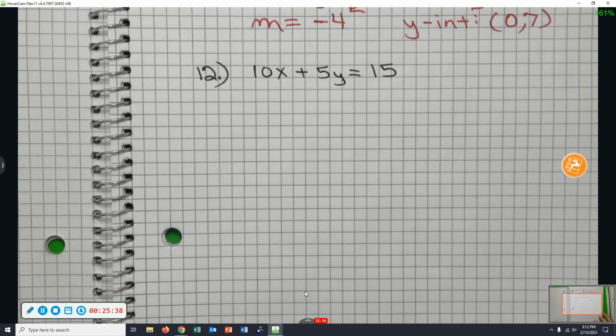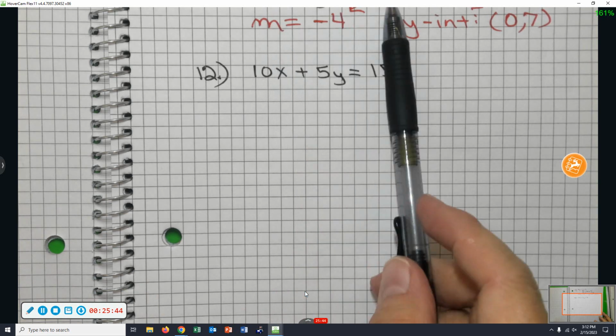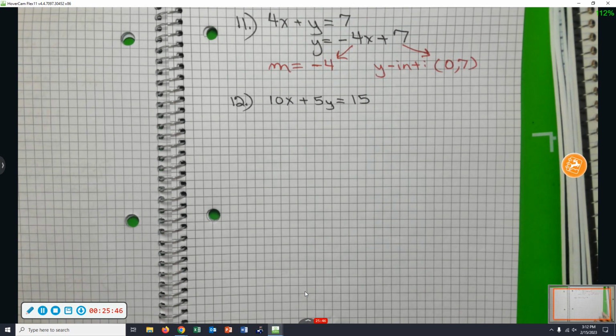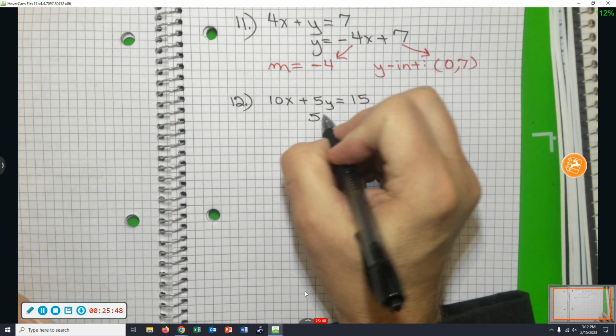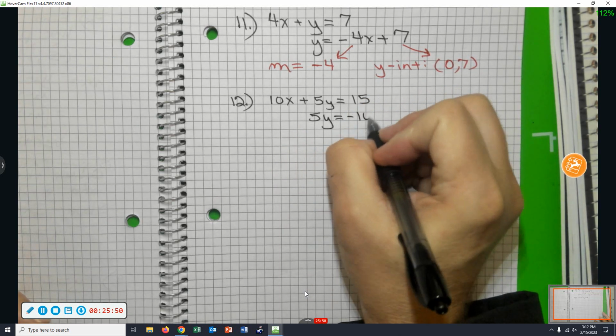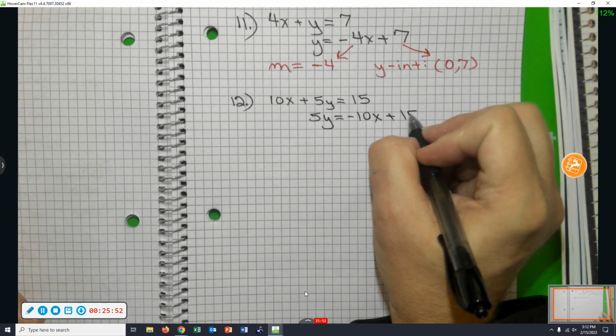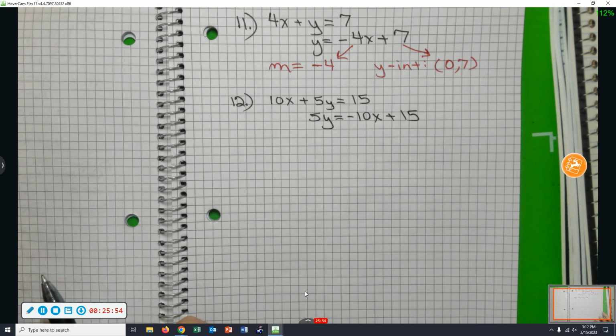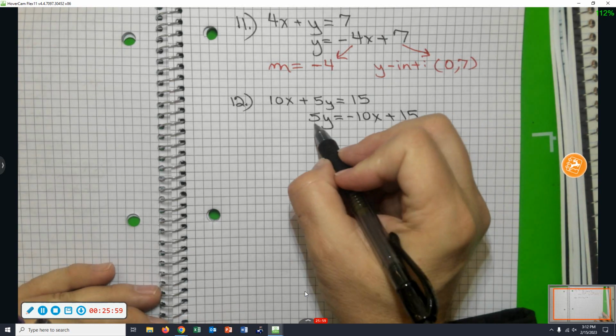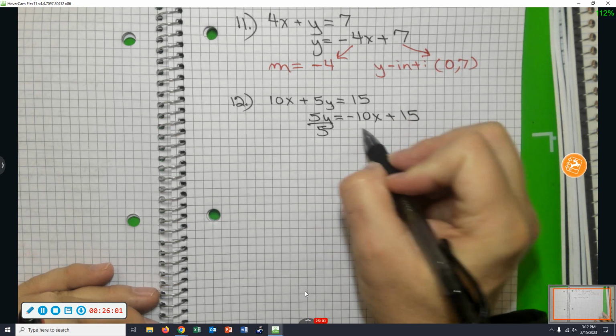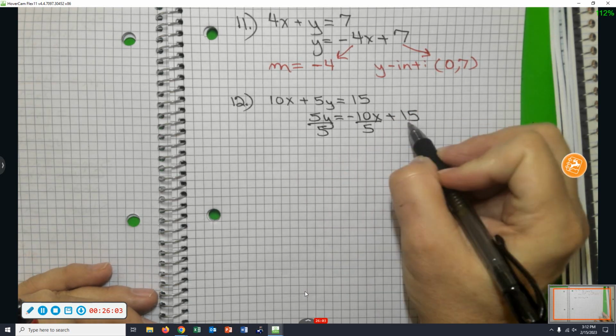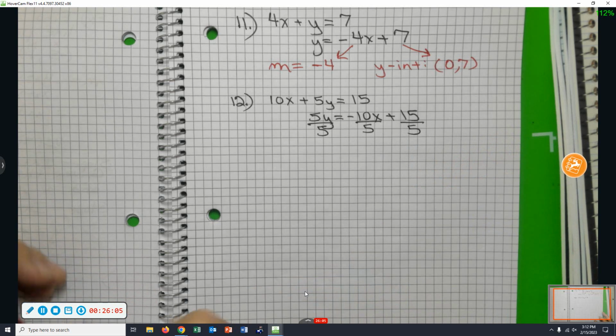There. I need to get y by itself. What do you think I'm going to do first? I'm going to do the same thing I did here. Moving that x over, I'll subtract the 10x to get 5y equals negative 10x plus 15. And then divide by 5. Realize you're dividing across by 5. Every term is being divided by 5.